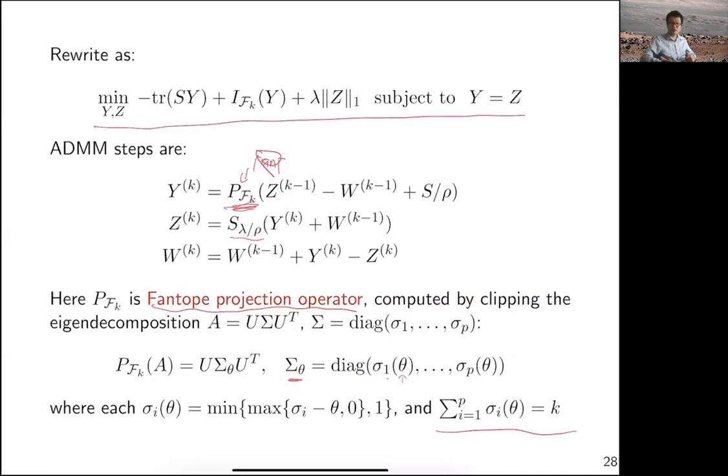You can do this by binary search over theta. So that gives you a practical algorithm for implementing the Fantope projection, and ADMM in this case is actually the best algorithm that's available for this problem so far.